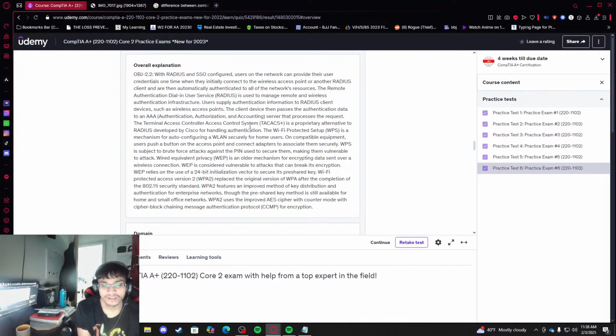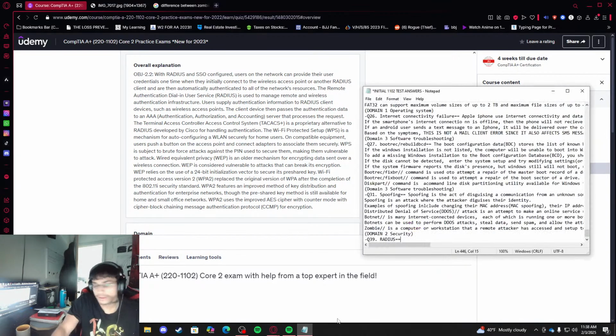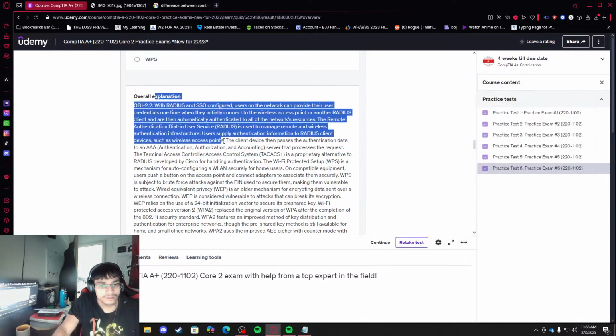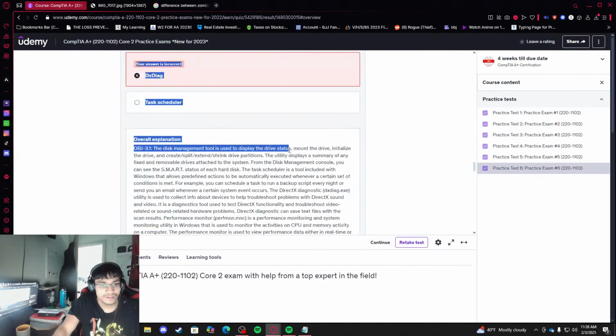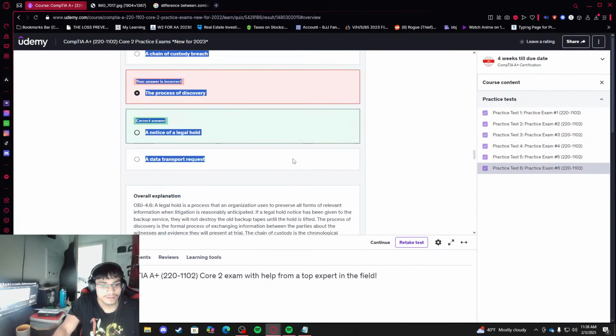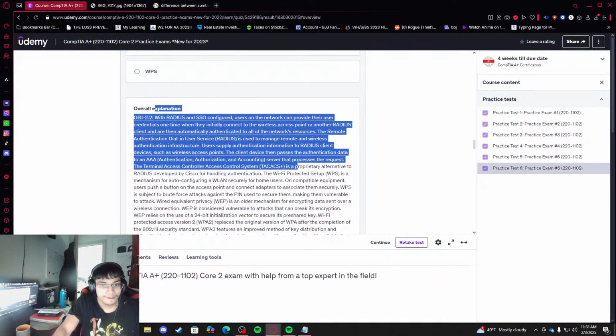WPA2 uses the improved AES cipher with Counter Mode with Cipher Block Chaining Message Authentication Code Protocol for encryption. That's great. So we're just gonna, oops, that was too far. Okay.